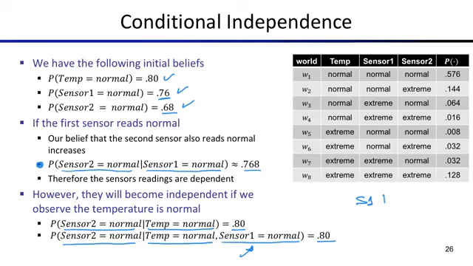They are not independent from each other, right? But if I know the temperature, they become independent of each other. We say that sensor 1 is conditionally independent of sensor 2. So sensor 1 is not independent of sensor 2, but sensor 1 is conditionally independent of sensor 2 given temperature. So if I know temperature, these two events become independent of each other.